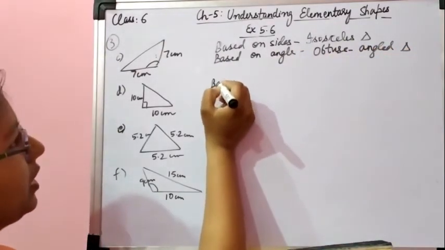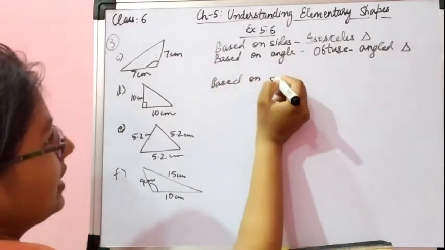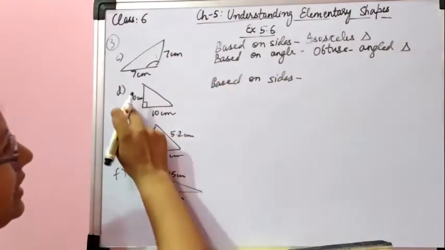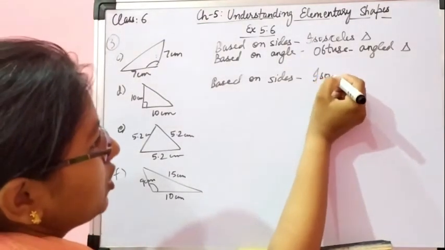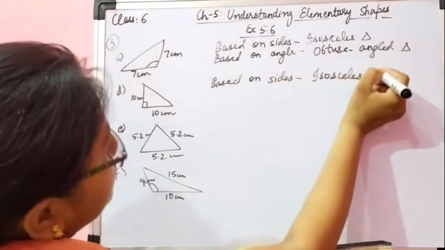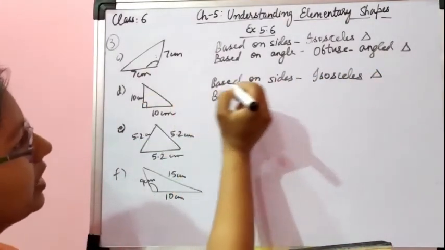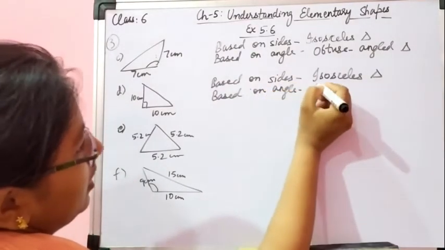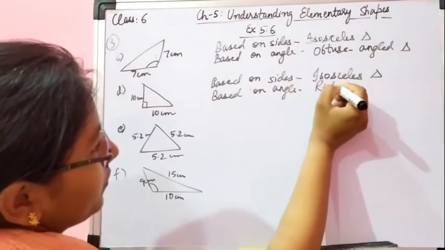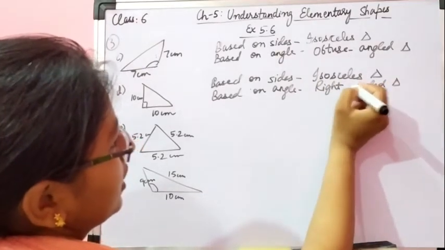Similarly for D part, based on sides we can see 10, 10. Two are equal. Again it's isosceles triangle. And based on angles, we can see that one angle is 90 degree. So what we will say? Right angled triangle.